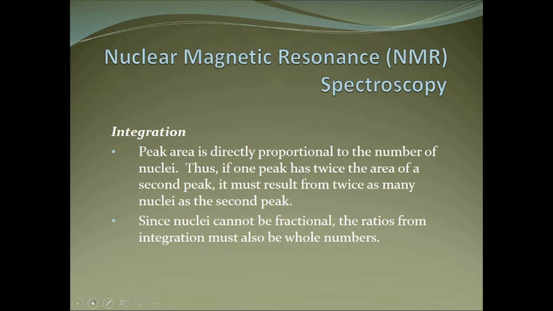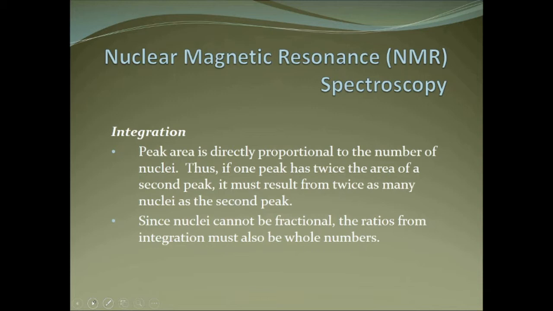But here it is quantitative in that it is directly proportional to the number of nuclei. So if one peak has twice the area of a second peak, it means that first peak is due to twice as many hydrogens as the second peak.